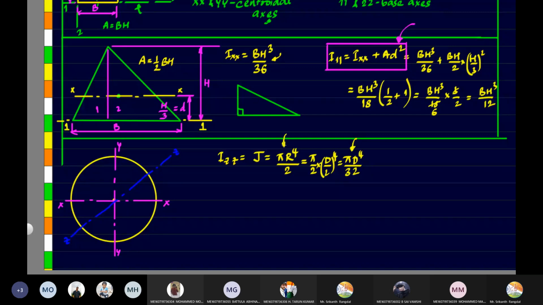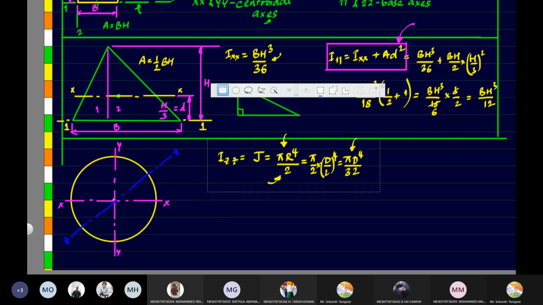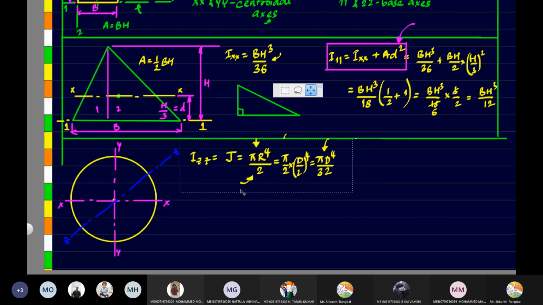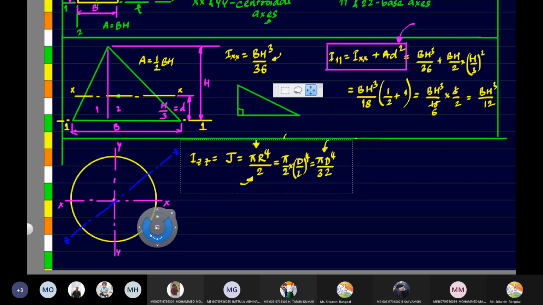If you are comfortable using radius, you can use this. Fine. So 32 is a very big number, and most of the times I get confused between 32, 64, which one it is. So that's why I keep it simple with 2. Fine. So I usually go with radius. But anyway, your calculator does most of the hard work, right? So we don't have to worry about complications. In the old days, of course, because they didn't have calculators, they had to keep it like that. Now we don't have the need for that.